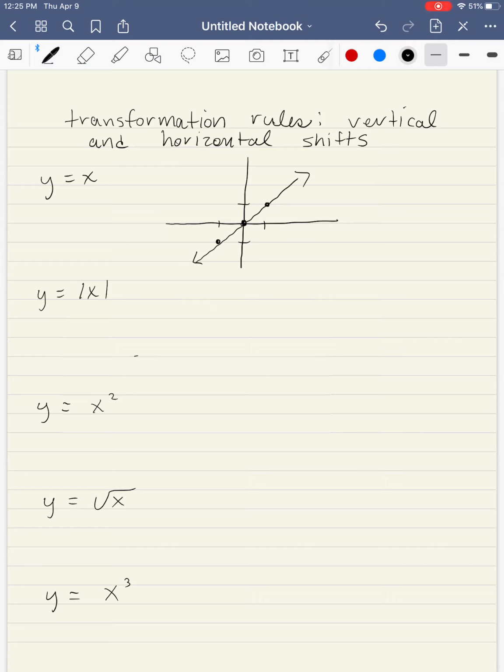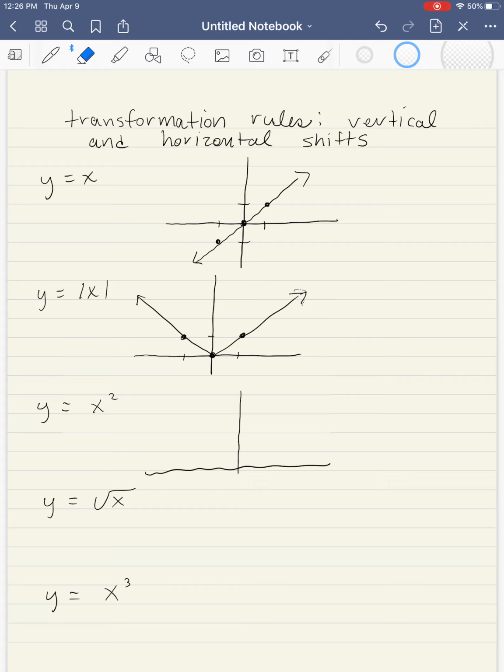All right, let's see. Hopefully you've already done these on your own. Absolute value of x, we have 0, 0, 1, 1, and negative 1, 1. And we know our basic shape looks like this. On x squared, we have the exact same 3 ordered pairs.